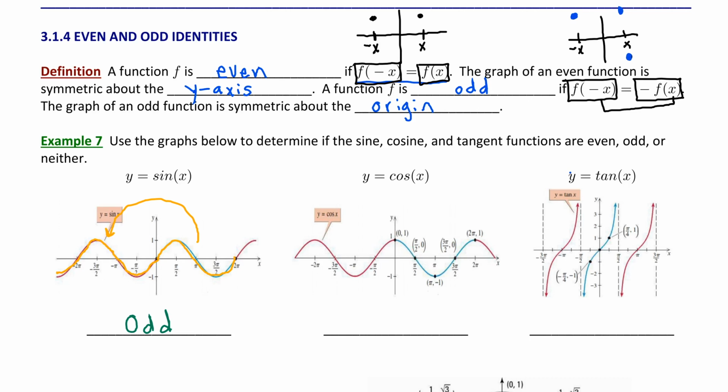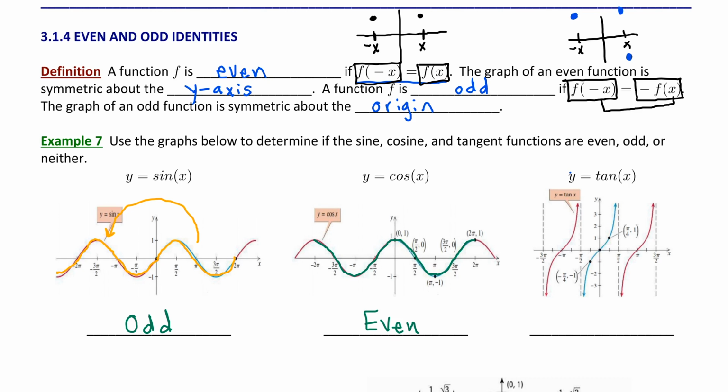We can prove that a little more explicitly later on. Let's take a peek at cosine. Notice that the graph on the right side of cosine is the mirror image across the y-axis of the graph on the left side. Because this graph is symmetric about the y-axis, we would say that cosine is an even function.